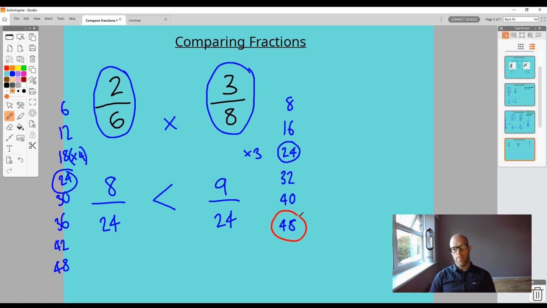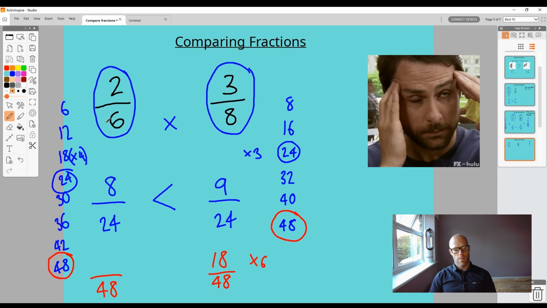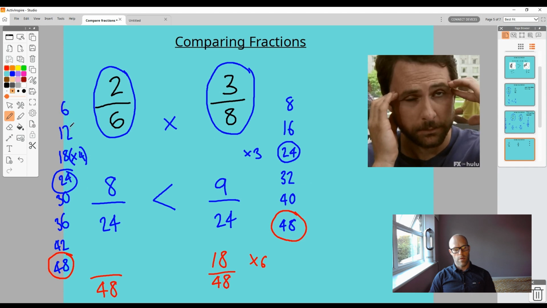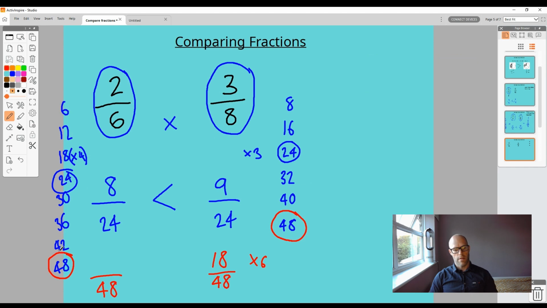But it might not be your best option, because actually expanding these out to 48ths is going to take a little bit more legwork than finding that lowest number in our toolkit. Still works, because 8 times 6 is 48, and 3 times 6 is 18, and then over here, what have we got? 6 times 1, 2, 3, 4, 5, 6, 7, 8. So we've got to times that by 8.